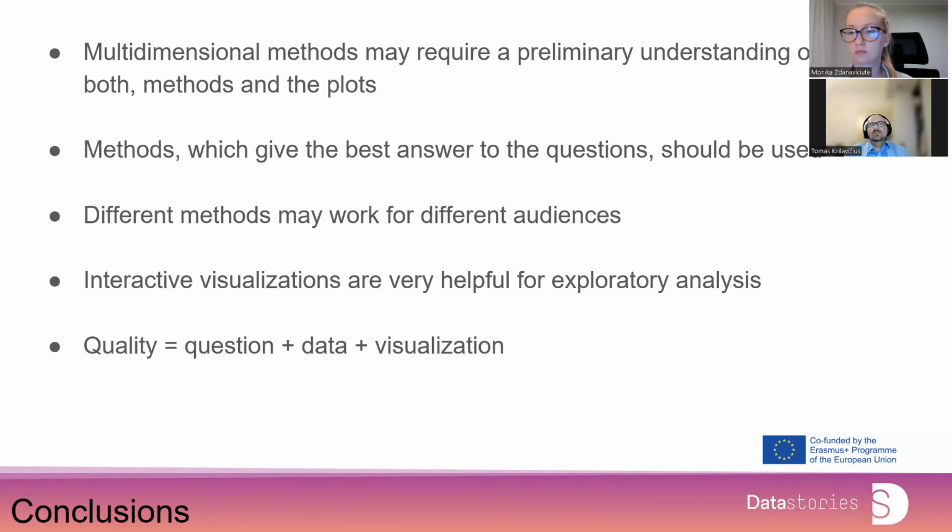If you want to apply them, you may require a preliminary understanding of the methods and what these charts mean. You may need to understand some mathematical methods, like how to define distances, similarity or dissimilarity. But then the idea is the same.